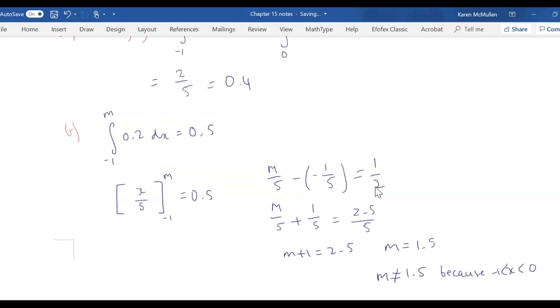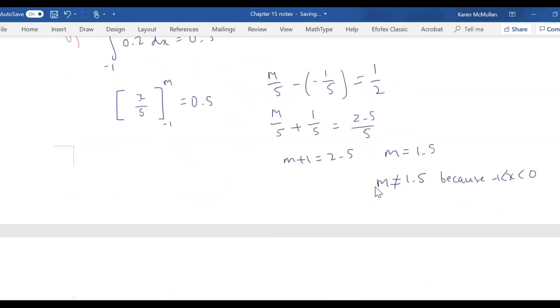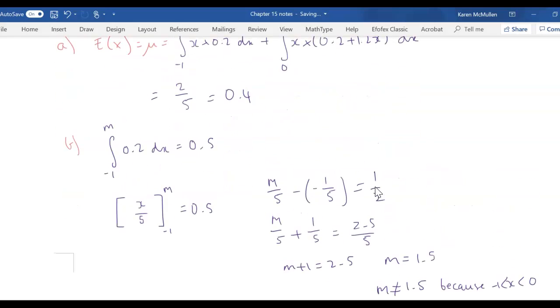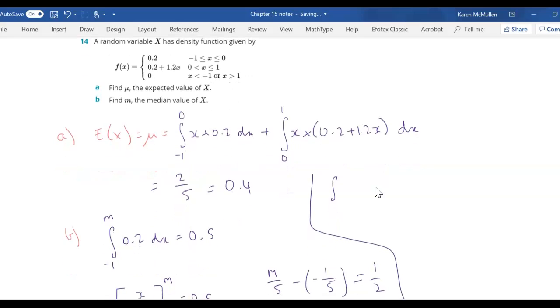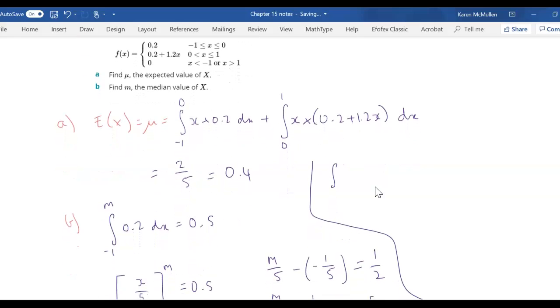So, running out of room. Okay, so let's do now from m to 1. Okay, so 0.2 plus 1.2x now equals 0.5.